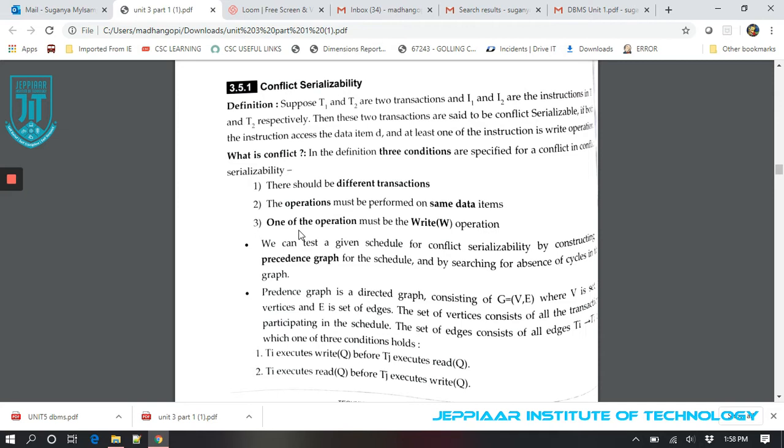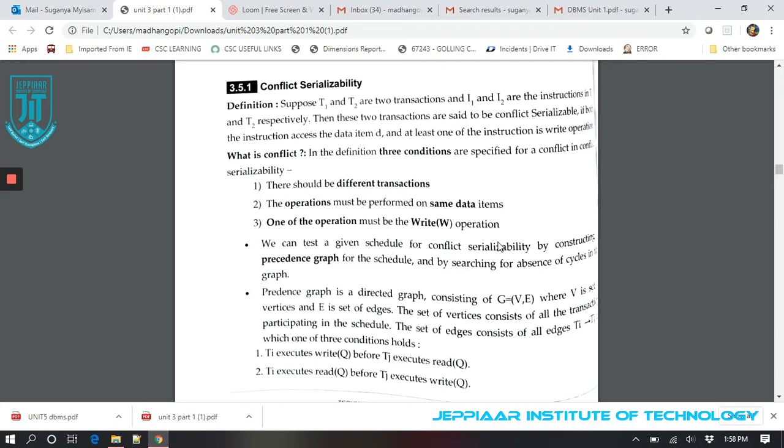Another important condition is that at least one of the operations must be a write operation. Whenever you have two transactions performing operations on the same data item, each being either read or write, and at least one of them is a write operation, then you can be sure that it is a conflict.